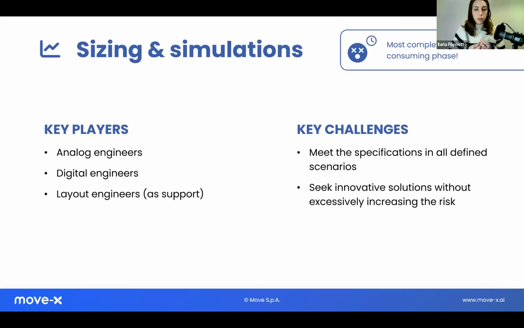But what is really important to keep in mind is that if we use new structures that have never been used, that have never been tested at silicon level, so that are not silicon proofed, the design complexity increases and also the risk level.